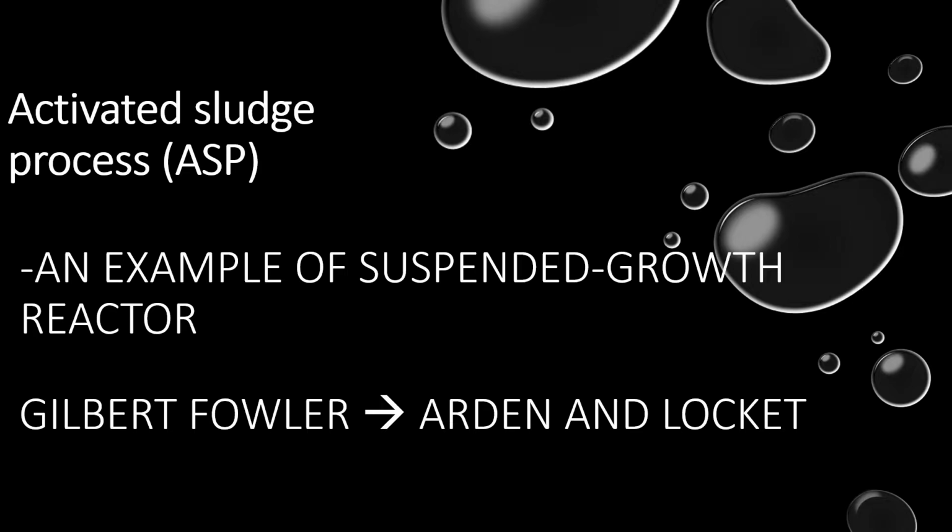Now, ang ASP ay isang suspended growth reactor, yun na nga, at ito ay nadiskubre ni Gilbert Fowler na kung saan isang araw pumunta siya sa isang laboratory sa Massachusetts sa USA at nakita niya na may mga ginawang experiment about sludge process. Tapos pag-uwi niya sa England ay ikinuwento niya ito sa kanyang mga estudyante na sila Arden at Lockett at further develop nila and ika nga ni Sir sa last presentation, the rest is history.